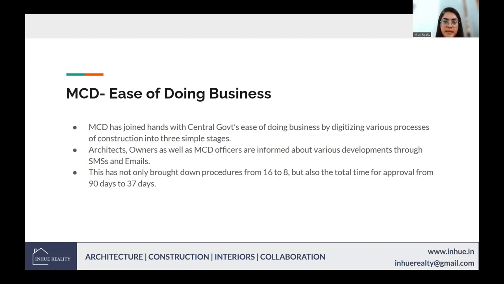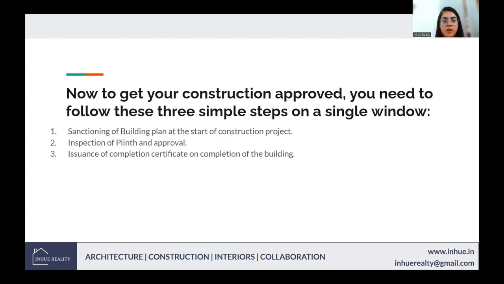So procedures have come down to 8 from 16, and total time for approval has changed from 90 days to 37 days. So now to get your construction approved, you need to follow these simple steps, right?